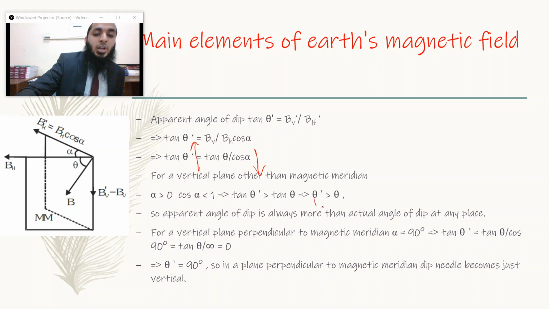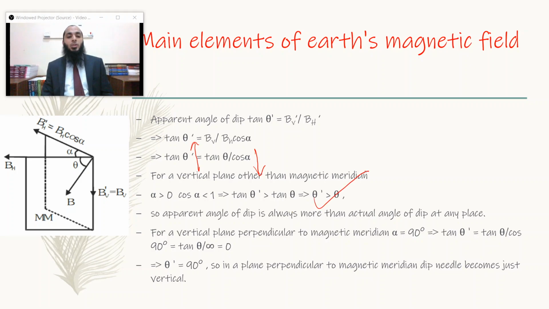So theta dash will be greater than theta. So the apparent angle of dip will always be greater than the true angle of dip. If two values are given, you have to identify which is the apparent angle of dip and which is the true angle of dip. Whichever is greater among the two will be the apparent angle of dip. You got it?